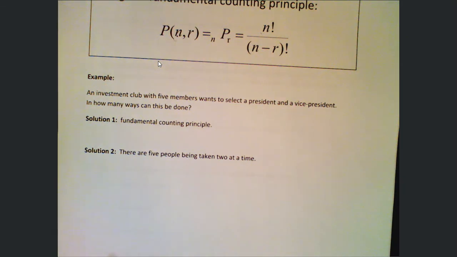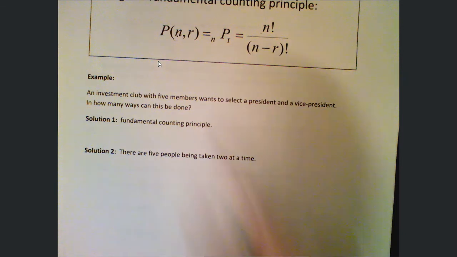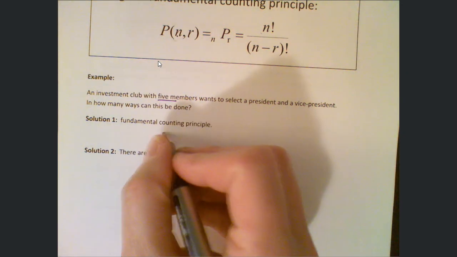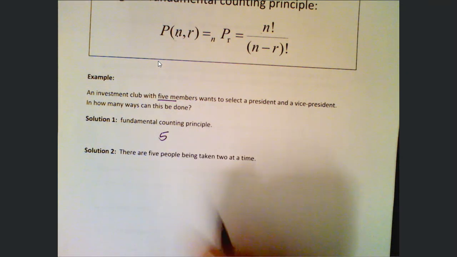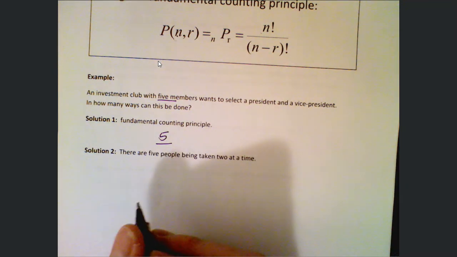Okay, let's say that you have an investment club, I don't know, and there's 5 members, and you want to select a president and a vice president. We've already done this problem before. There's 5 people. I want to select a president. I have 5 people to pick from.